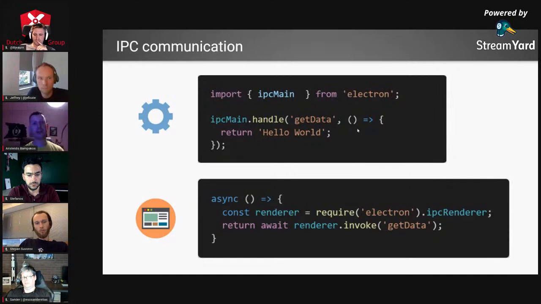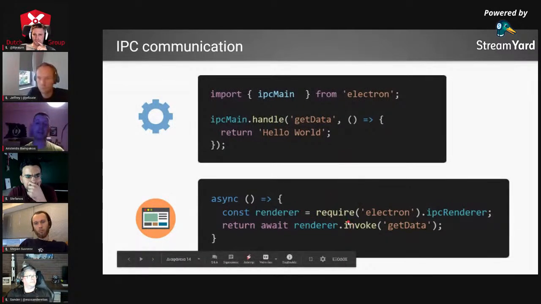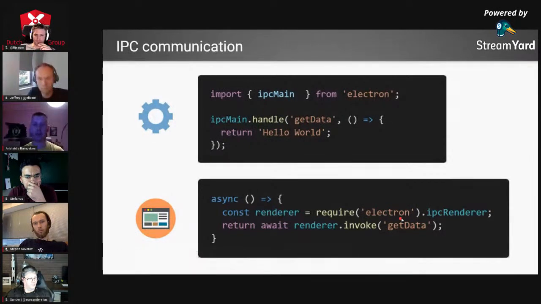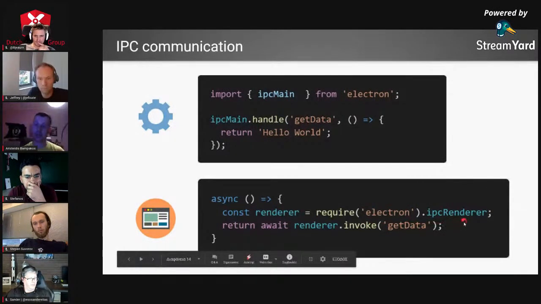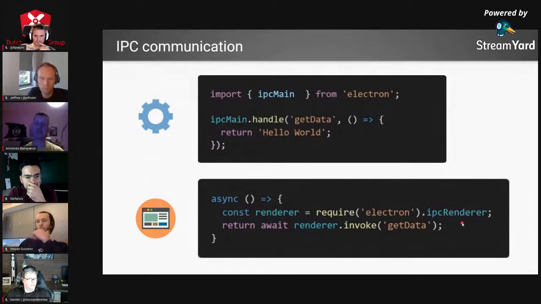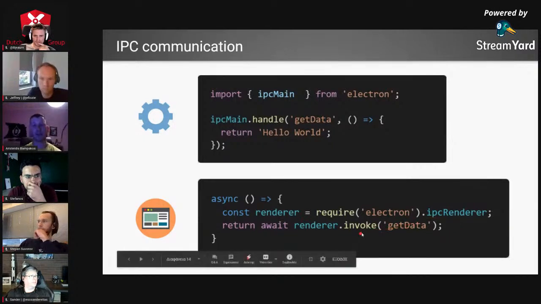Now, how can we use this event in the renderer process? Again, we can import the Electron API with require, and it has a similar object to ipcMain, called ipcRenderer. We can use the method invoke of the renderer to call this event. So we pass the name of the event that we want to call.